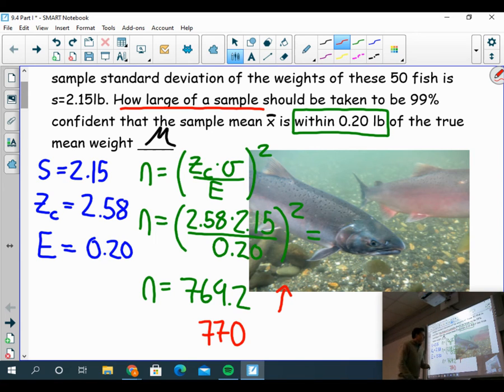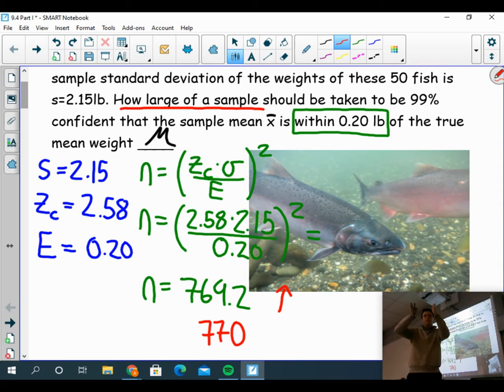We learned in 9.3, number 9, that as the sample size gets bigger, that confidence interval gets smaller. The problem is, if I round down, I have slightly decreased my sample size, possibly making that interval just a little bit bigger, which could push me outside that 0.2 above and 0.2 below. So just to be safe, always round up. Why?